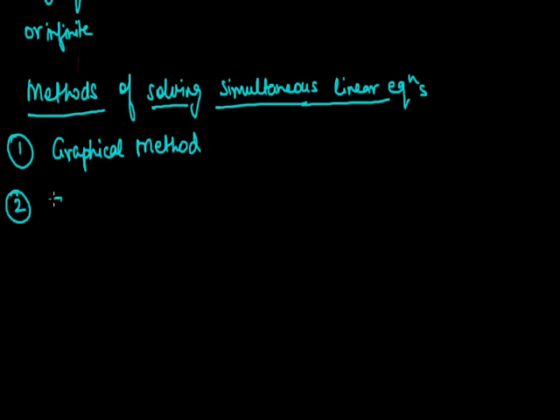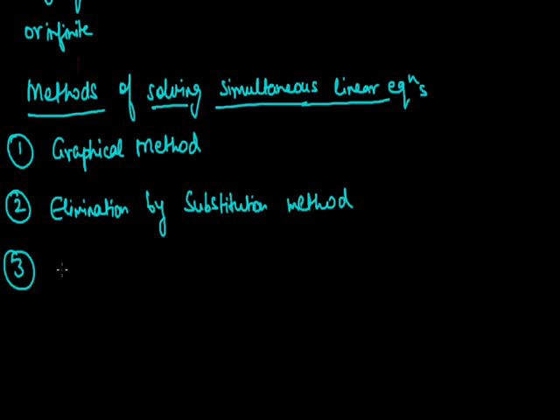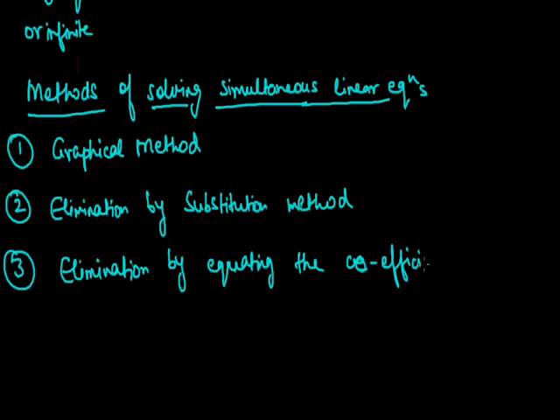The second method is elimination by substitution method. It means we can find the values of x and y by the substitution method. The third method is elimination by equating the coefficient.